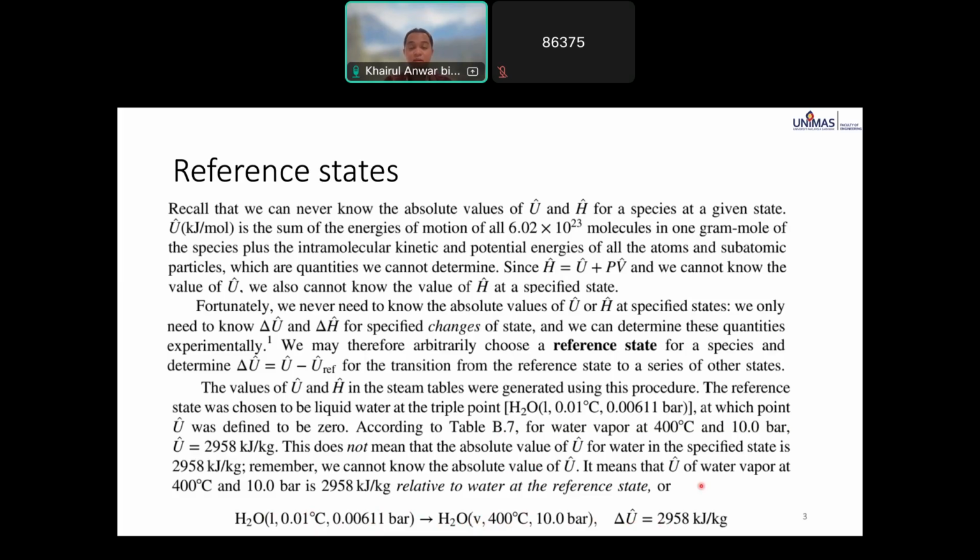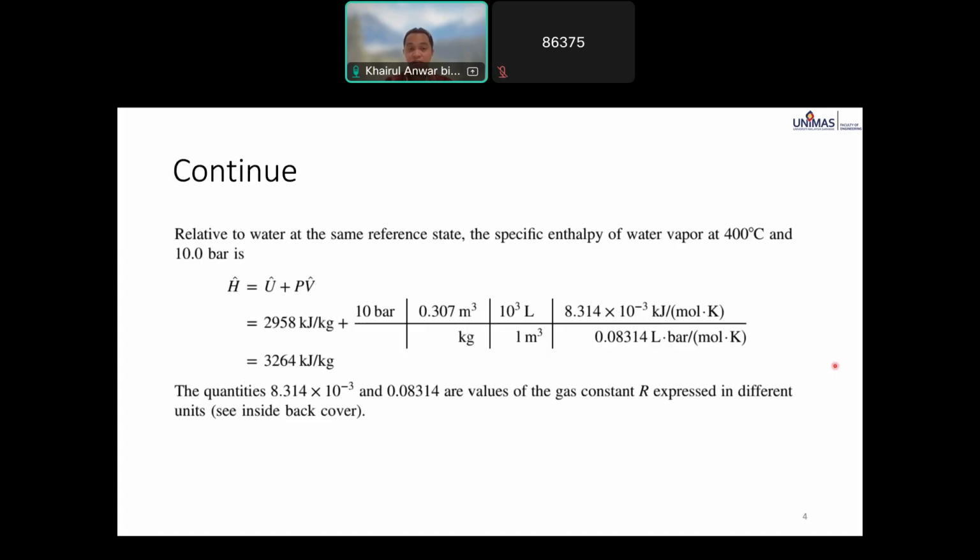Relative to water at the same reference state, the specific enthalpy of water vapor at 400 degrees C and 10 bar is H equal to U plus PV.